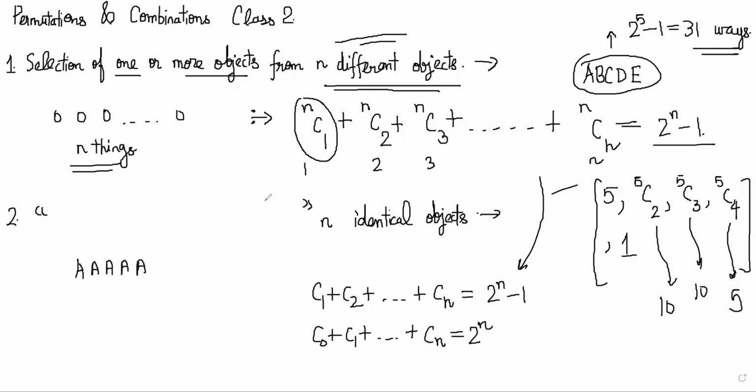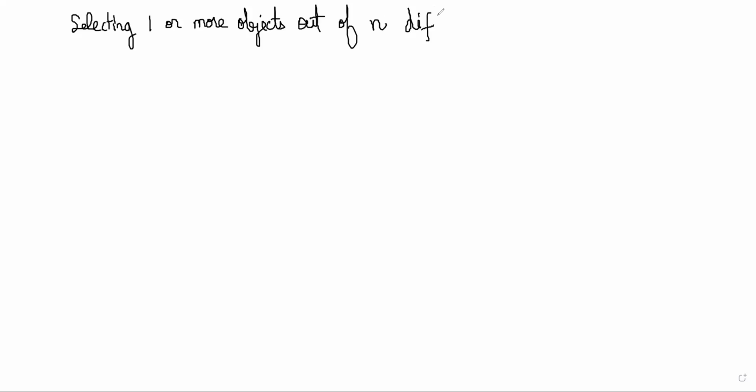You can also think of this selection of one or more objects out of n different objects in a slightly different way.